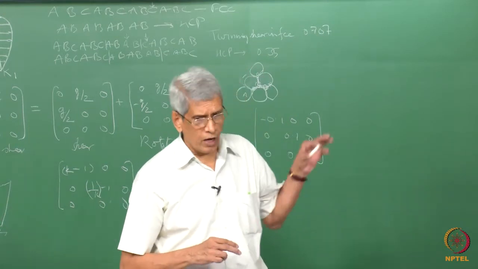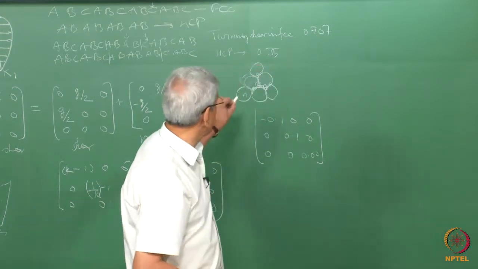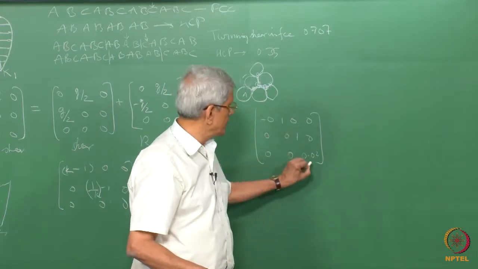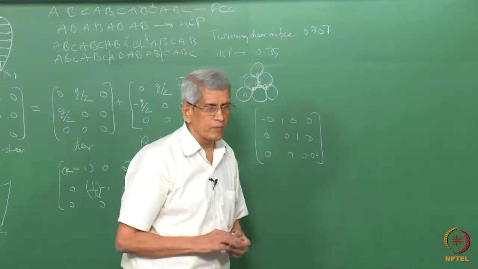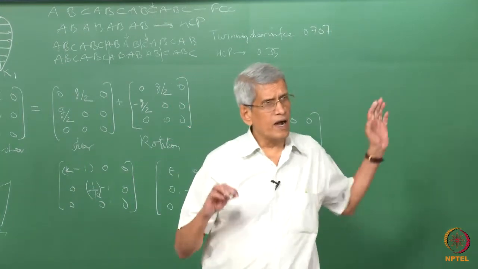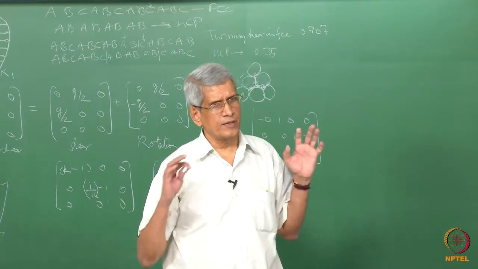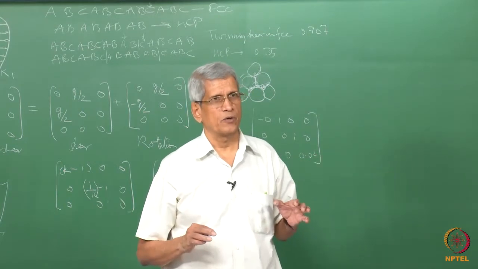Okay. Now, if we look at this strain matrix, this is positive, this is negative, this is a very small value. How can this shape change be represented? It means that the sphere should become an ellipsoid of revolution.